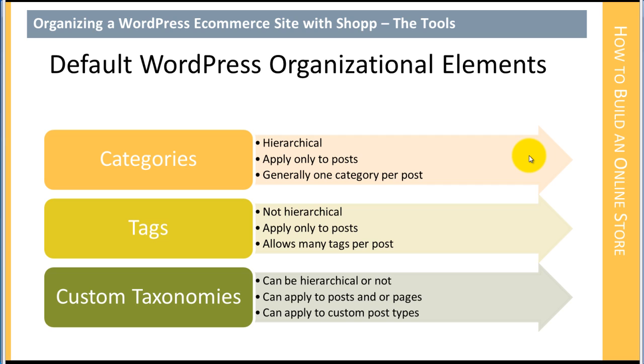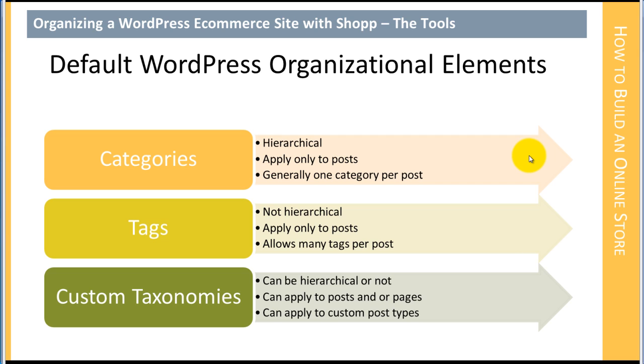Categories are hierarchical. Categories can have subcategories and subcategories, and so on and so forth. Categories only apply to posts. You can't assign a category to a page. You can assign a category to a custom post type, and you can assign a category to a post, but you can't assign a category to a page.